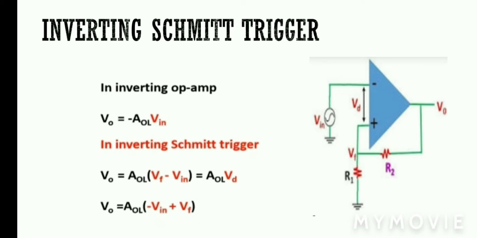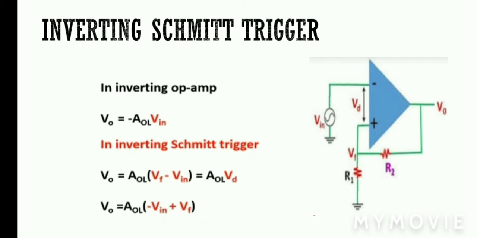So output voltage is equal to AOL into Vd. From this equation, we can conclude that output voltage depends on Vd. If Vd is positive, then output voltage is also positive. And if Vd is negative, then output voltage is also negative.